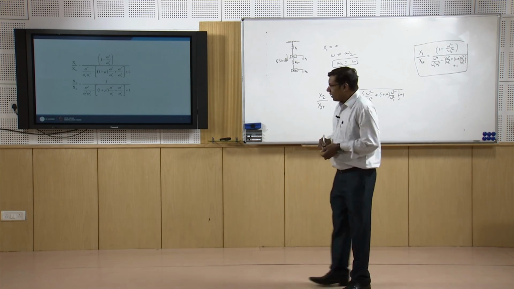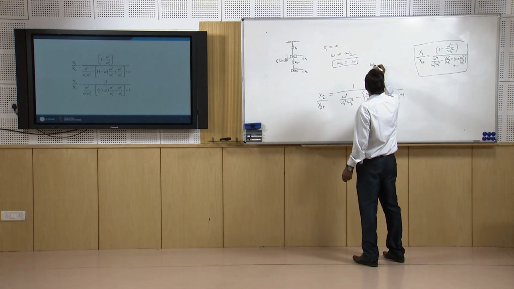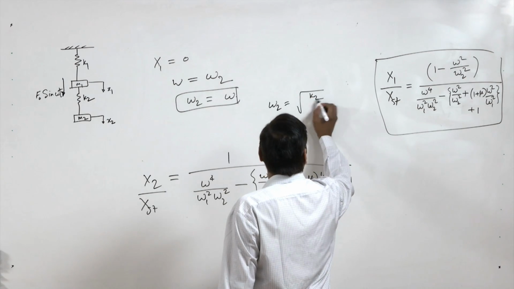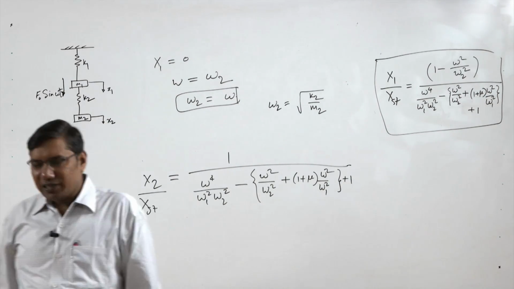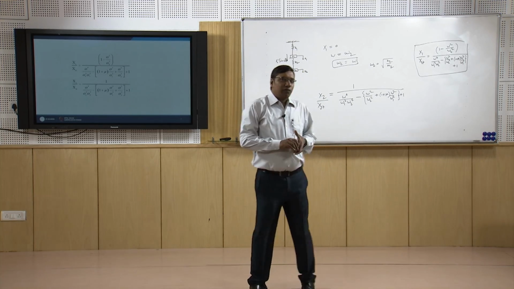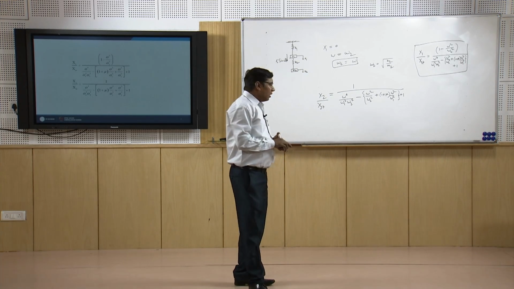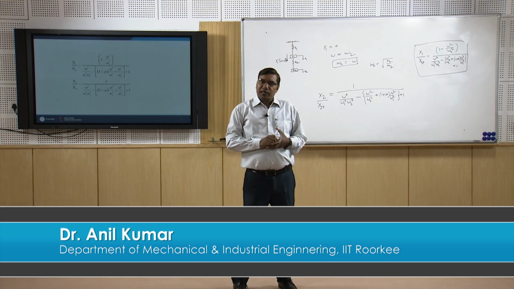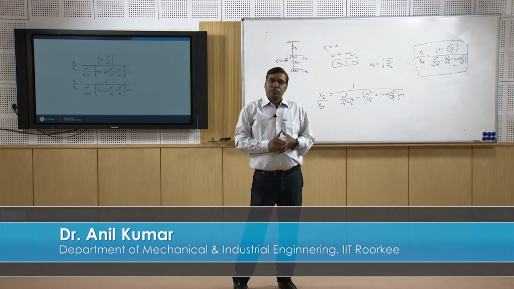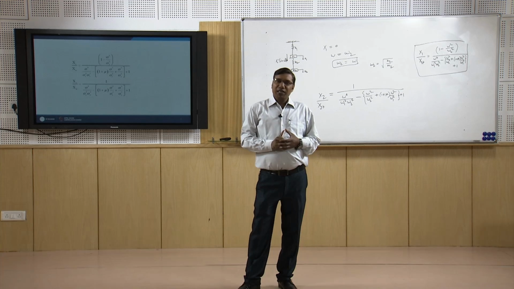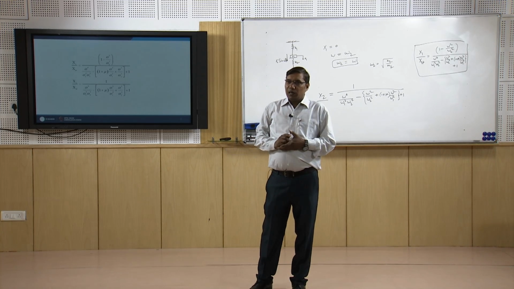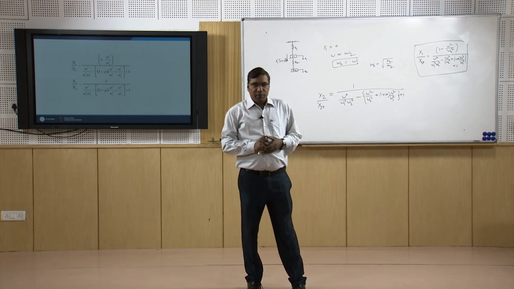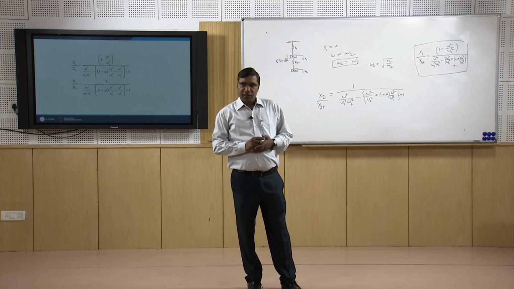So therefore, because omega 2 is root k2 by m2, if we select k2 and m2 such that the root of k2 by m2 is equal to the excitation frequency, then the main system will have zero amplitude vibration. It will stay still, it will stop. So vibration of the main system will be mitigated.